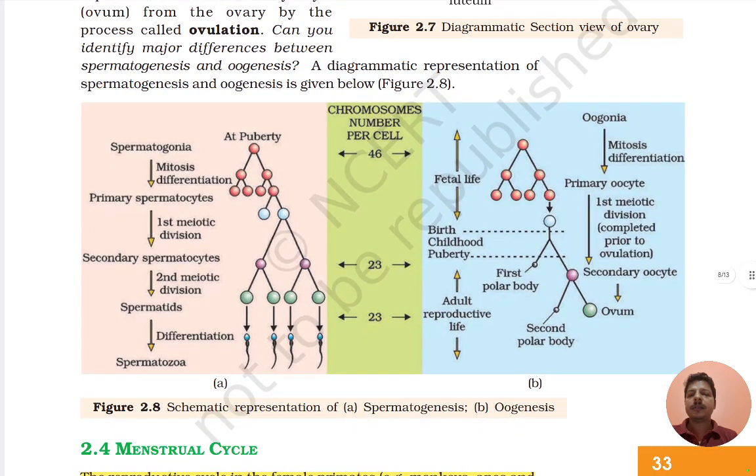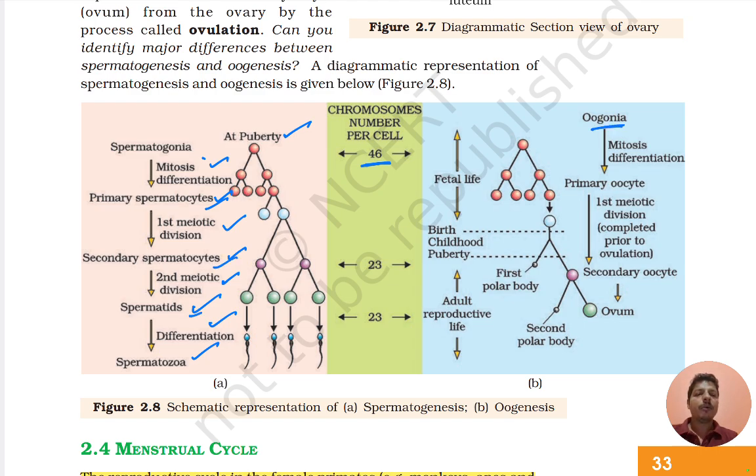Next, here is the diagram. You can see it occurs at puberty. Mitosis, differentiation, primary spermatocyte is formed. First meiotic division, secondary spermatocyte, second meiotic division, spermatid. Then differentiated into spermatozoa. And here the chromosomal number is also given: diploid, haploid and haploid.